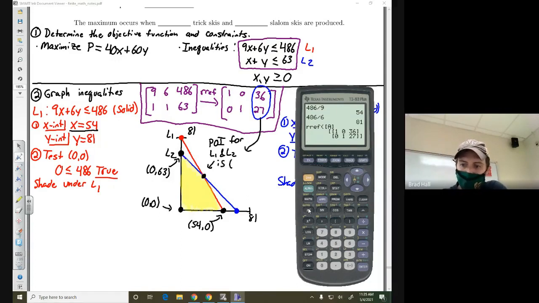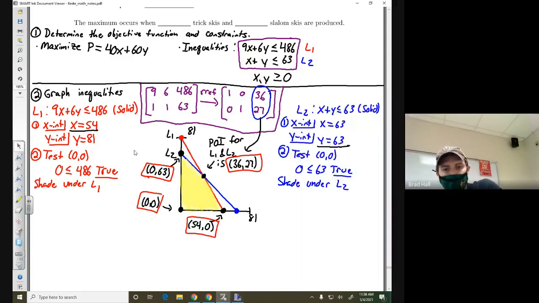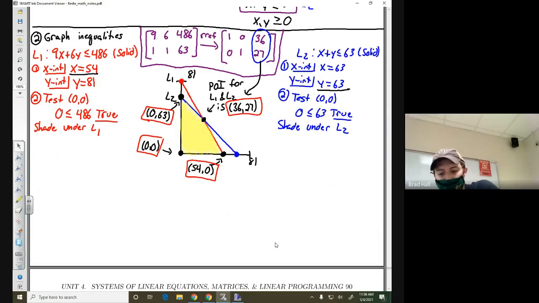So the missing corner point is 36, 27. One, 2, 3, 4 corner points. So that's the information we derived from the graph.